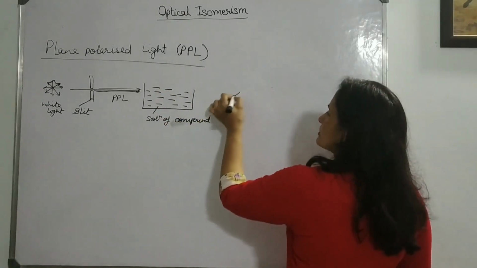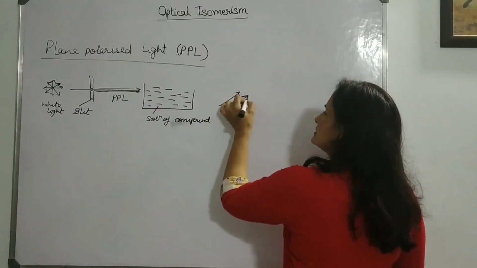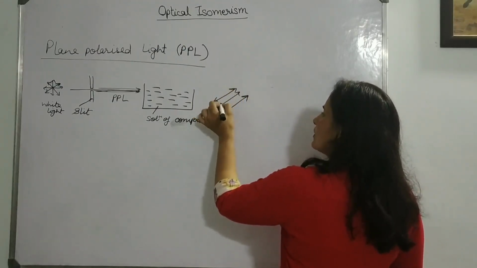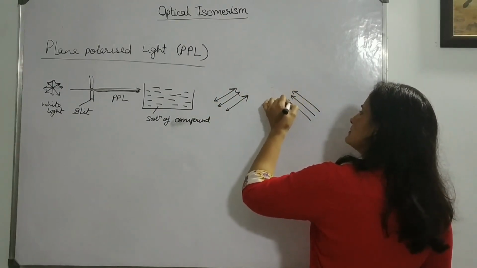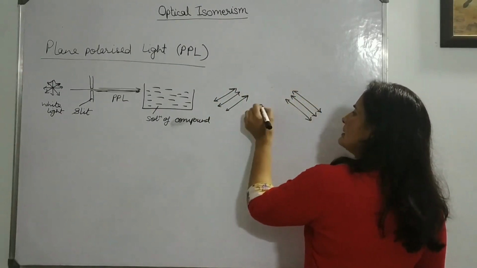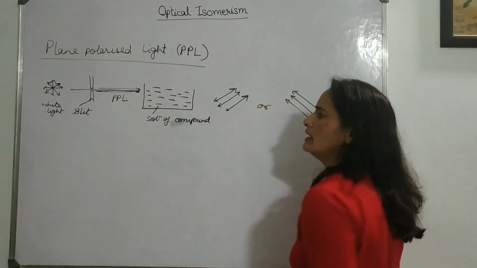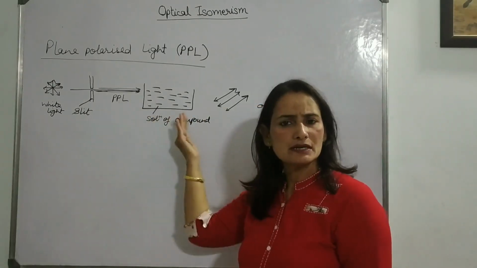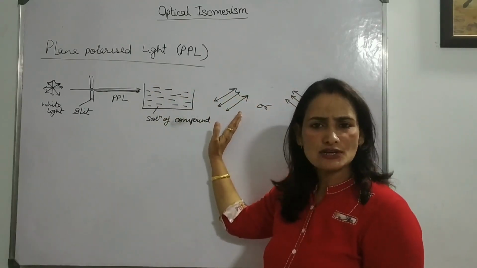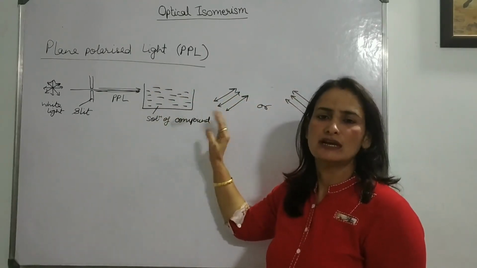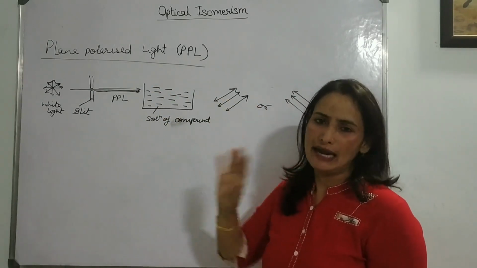For example, your PPL is rotated clockwise or anti-clockwise after passing through the solution. This was the PPL entering the solution. When it comes out of the solution, the direction of the oscillation is changed, either clockwise or anti-clockwise.